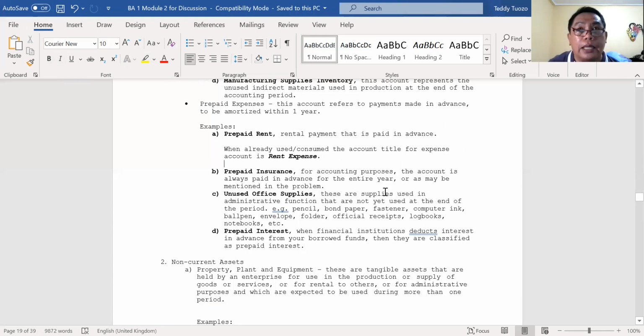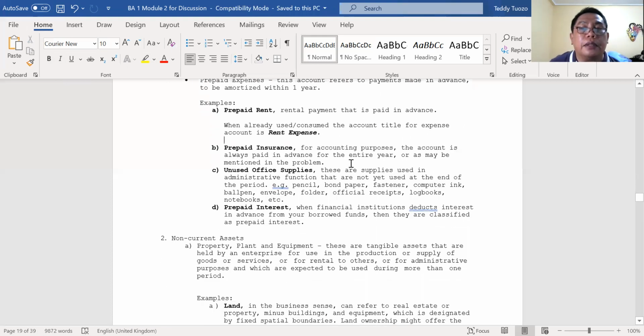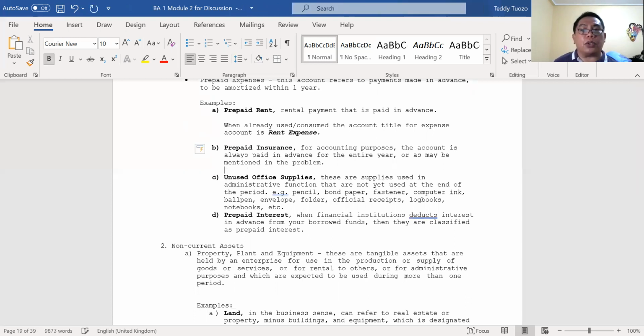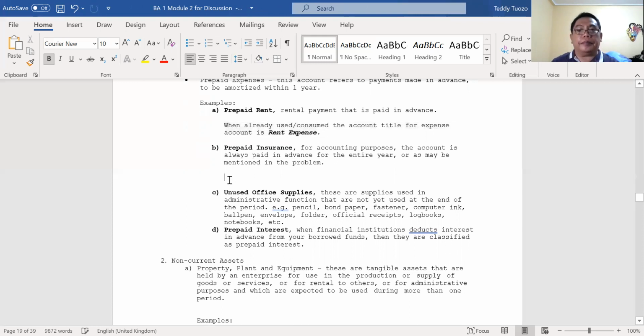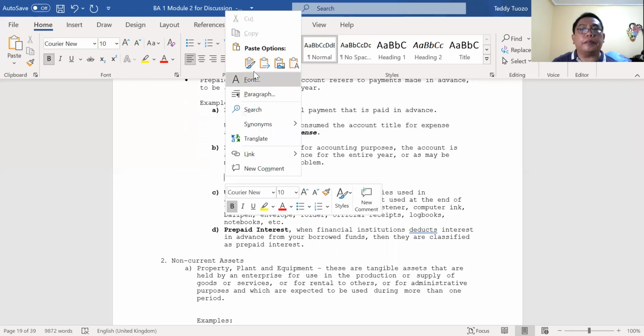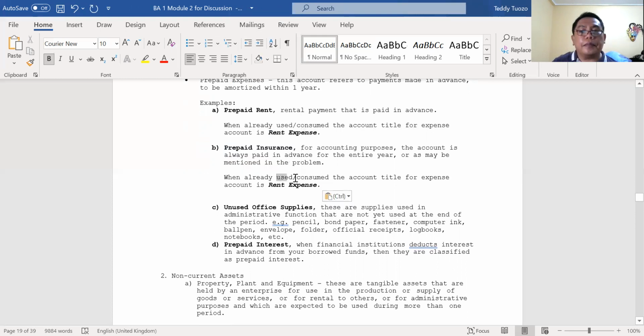No longer an asset, no longer prepaid rent. So for prepaid insurance also, when already consumed or expired, it is now insurance expense.